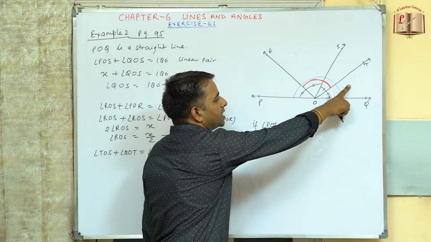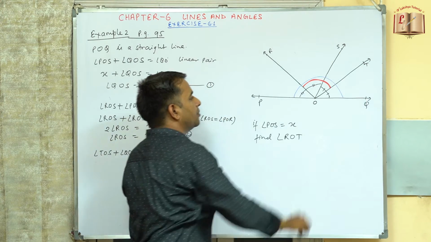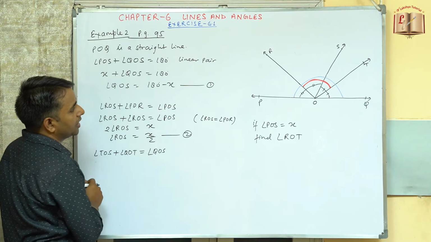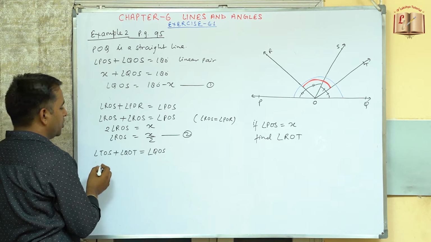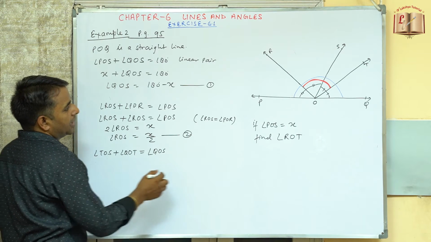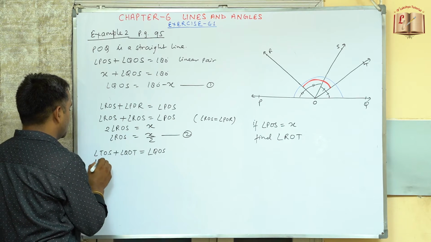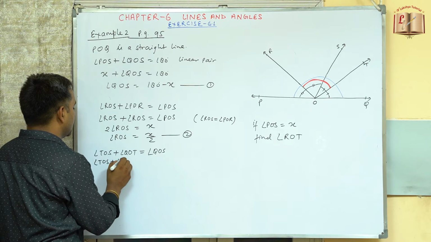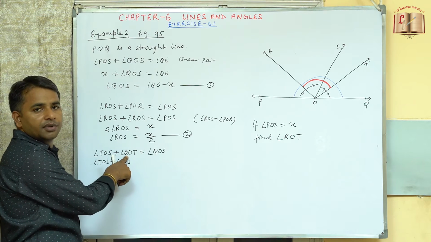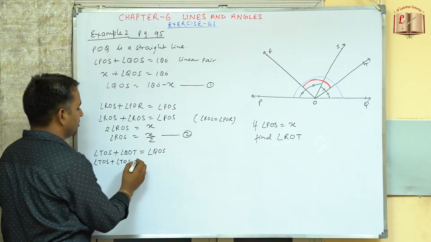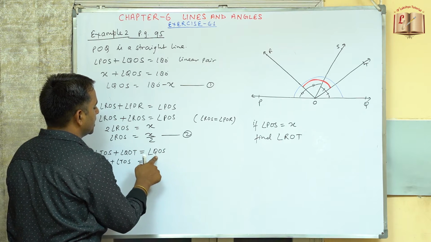This angle plus this angle will be equal to this complete angle. Now angle TOS and angle TOQ are both equal. So angle TOS plus angle QOT can be written as twice angle TOS because both are equal. So this is equal to angle QOS.